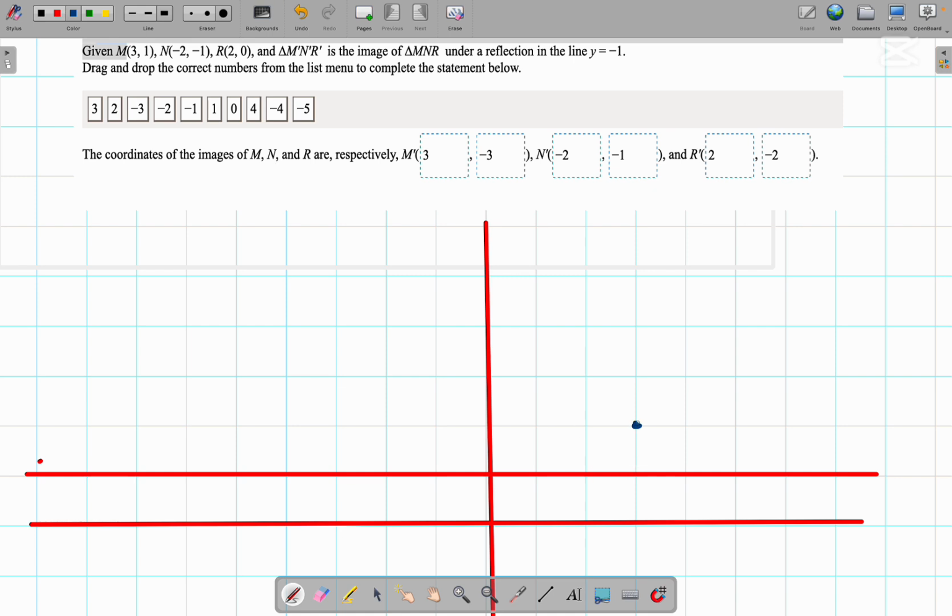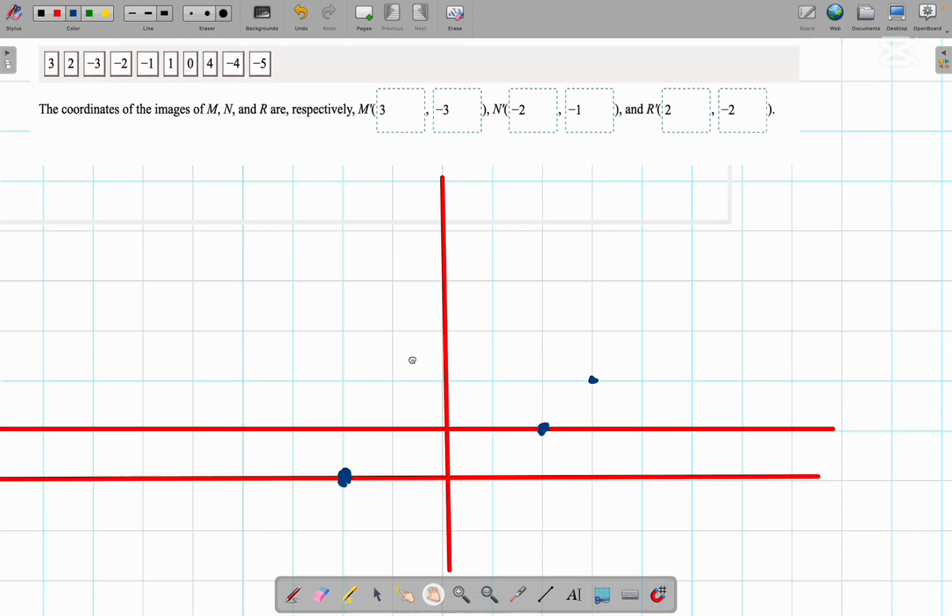N is negative 2, negative 1. So here, here. Then R is 2, 0 here. So they want it under a reflection of y equals to negative 1.